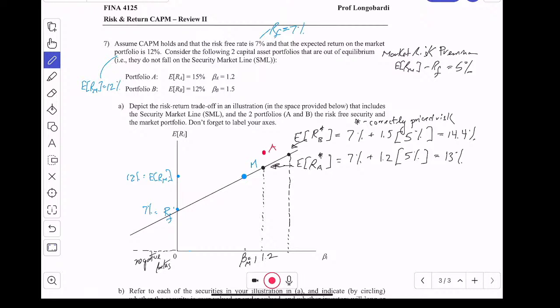Okay, so those are the correctly priced A and B. That's A and that's B. But where is B? B is at 12, and 12 is down here. So B is below where it's supposed to be.